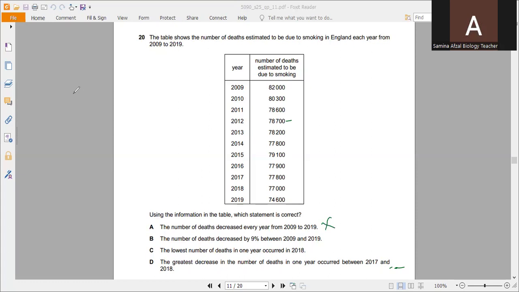The number of deaths decreased by 9% between 2009 and 2019.